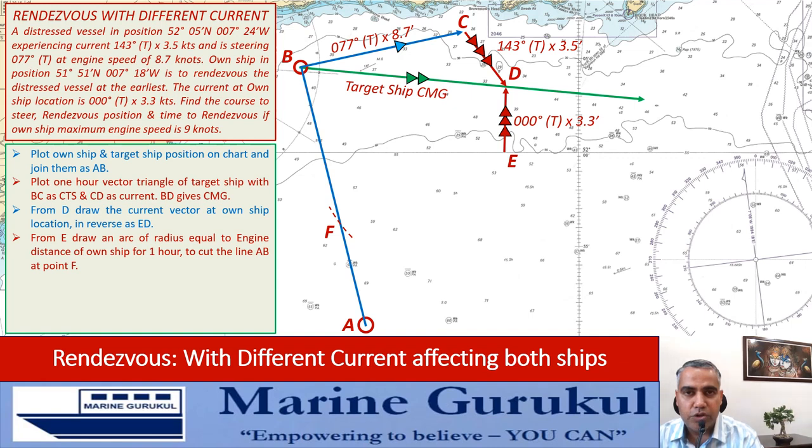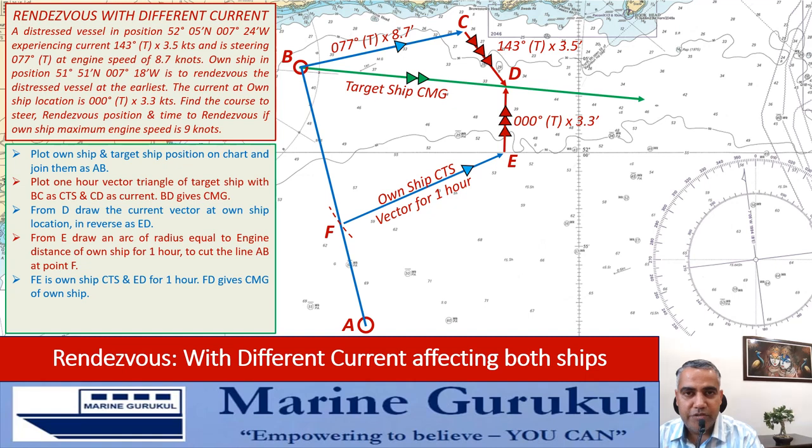Now we join Foxtrot with Echo point. You can see the Foxtrot Echo vector showing up on the screen. This Foxtrot Echo vector is own ship course to steer and the engine distance to steam for 1 hour.